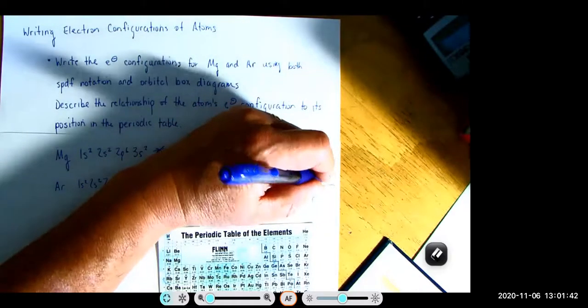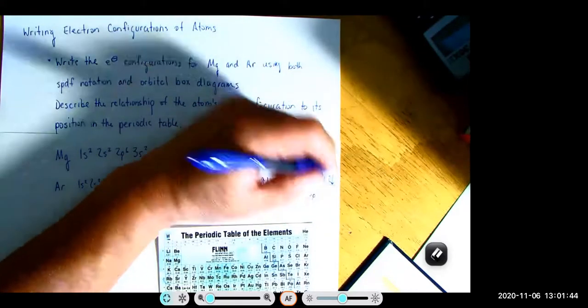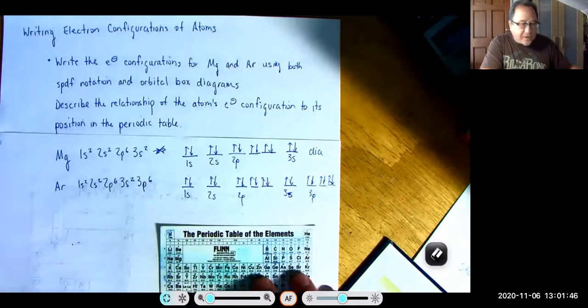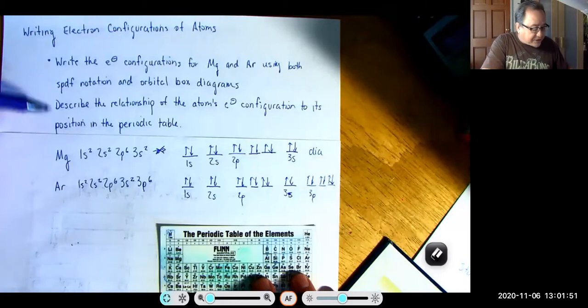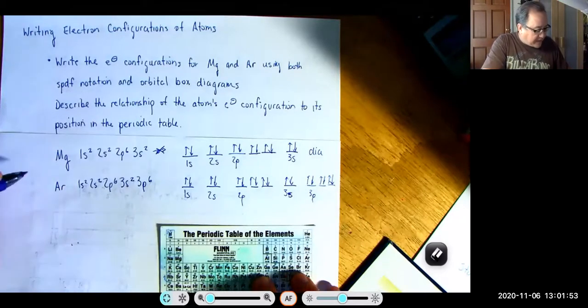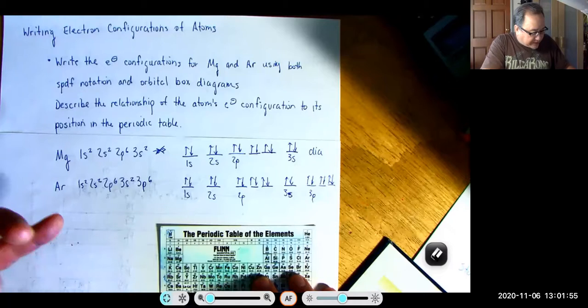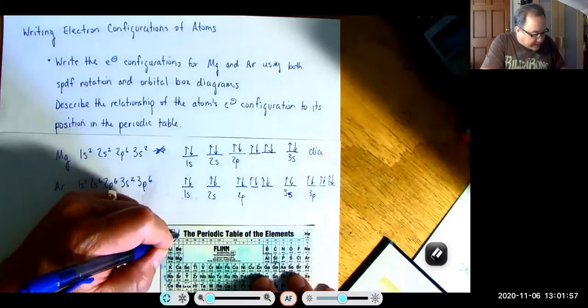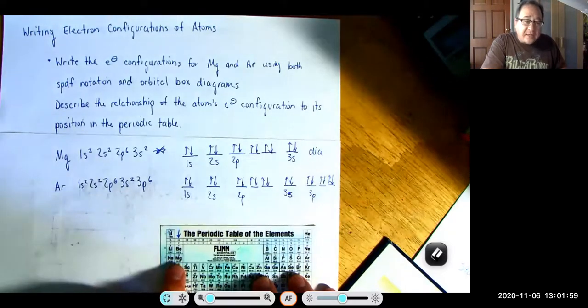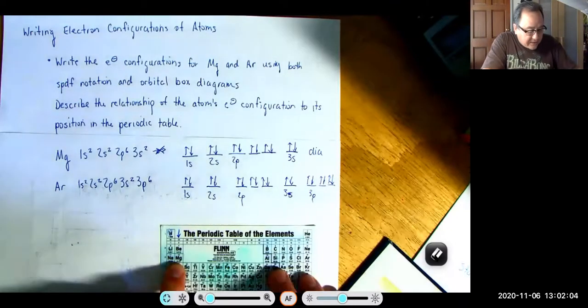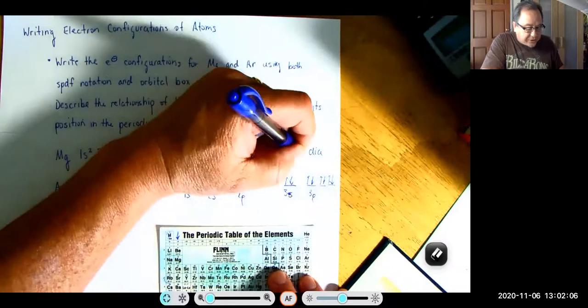Okay. The other thing they ask is what is the relationship between the atom's electron configuration to its position in the periodic table? And the answer that the book is looking for is, do you see how magnesium here is in an S block? And it's the second element in the S block. That's why it ends with a 3s2.